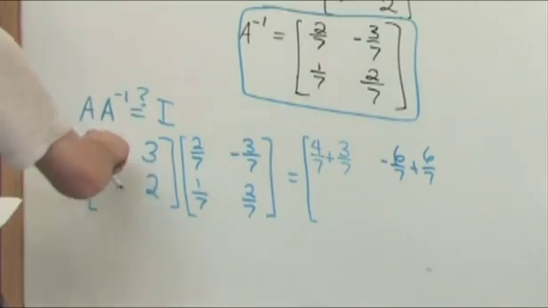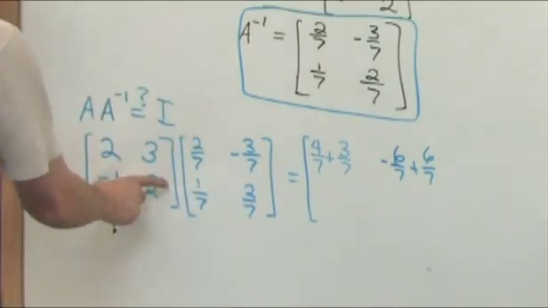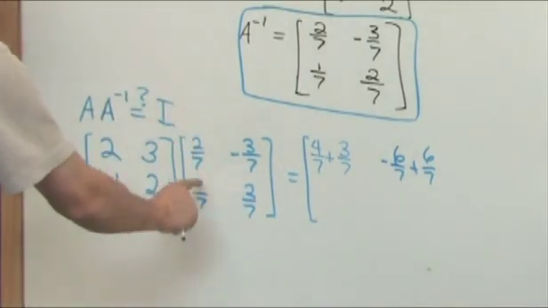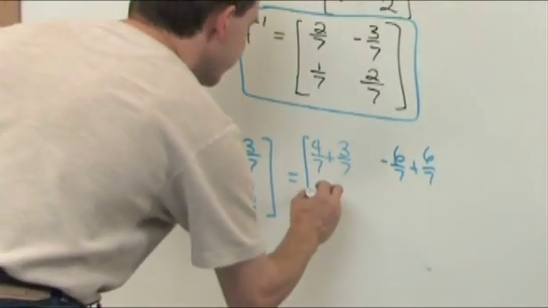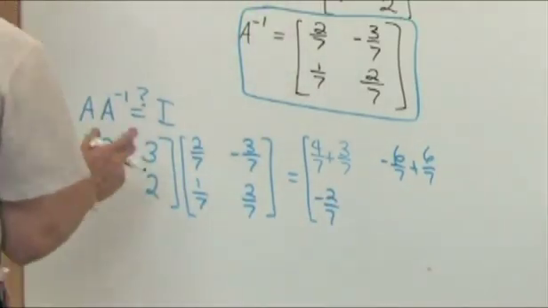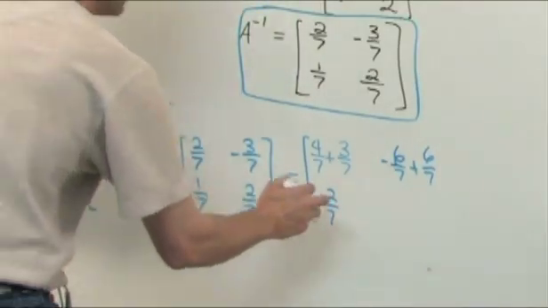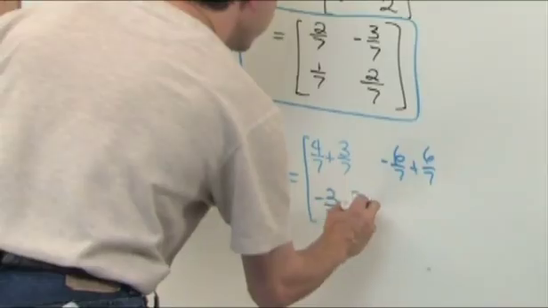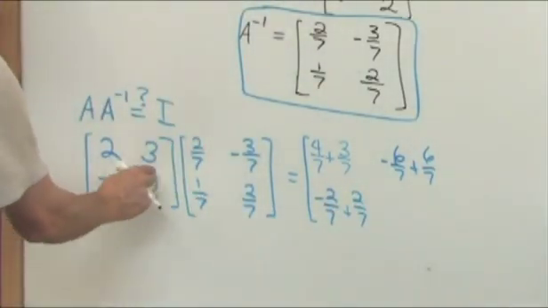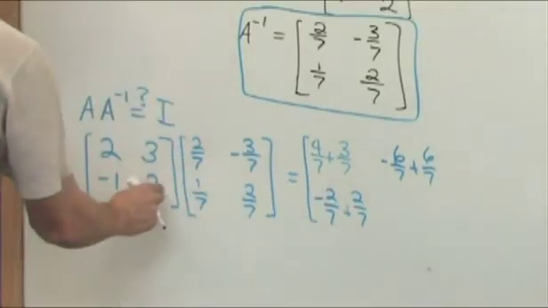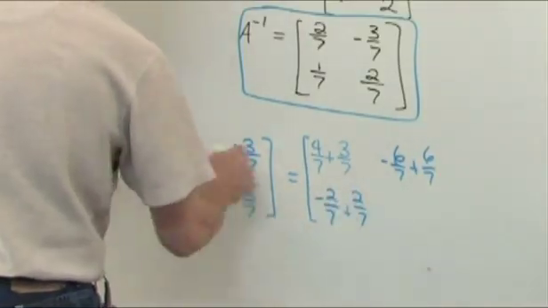Now I'm done with this row, I can't go anymore because I've run out of columns. Now move to the next row. Over and down. Negative 1 times 2/7 is negative 2/7, plus 2 times 1/7 is 2/7. Over and down. This times this gives me this, this times this gives me this.